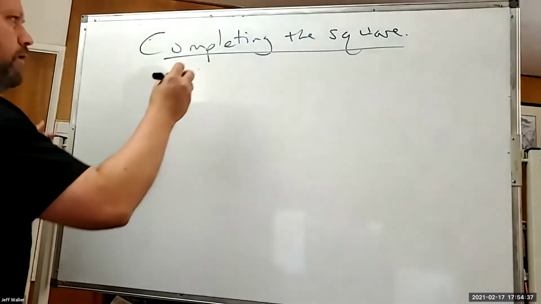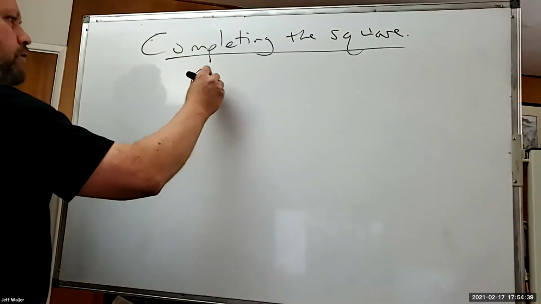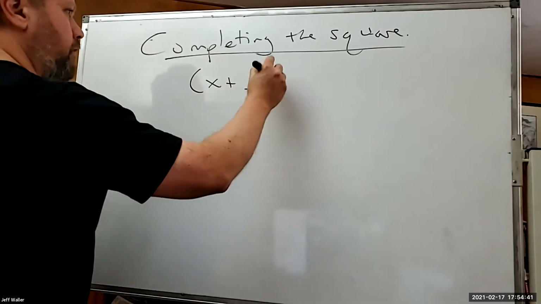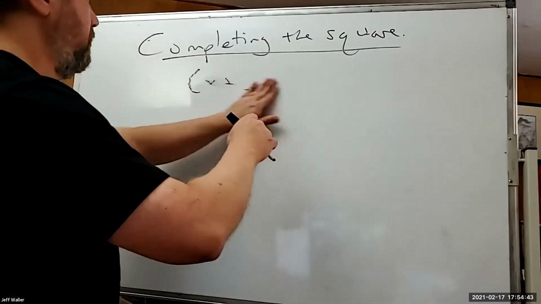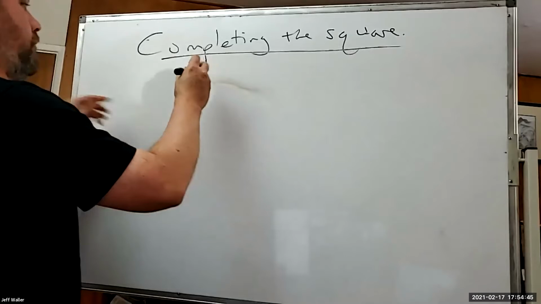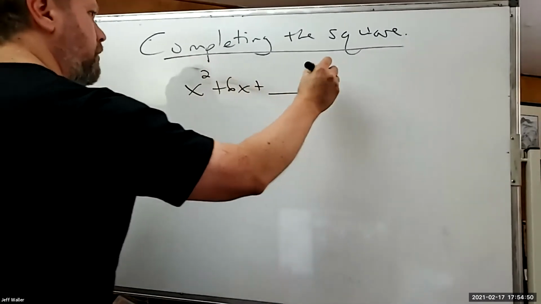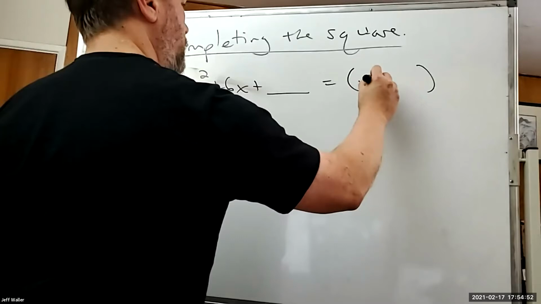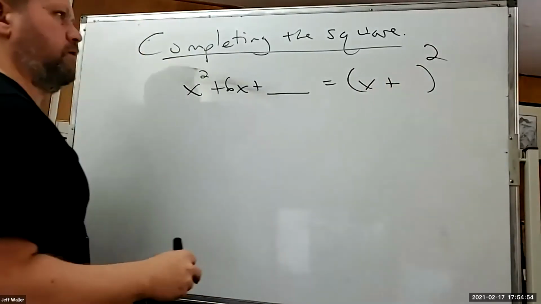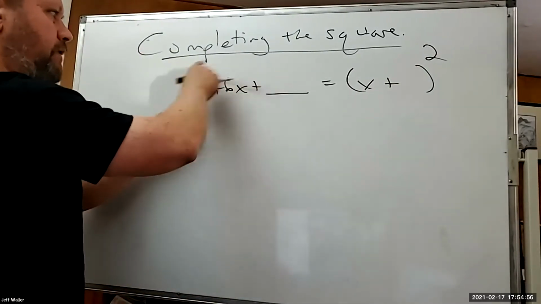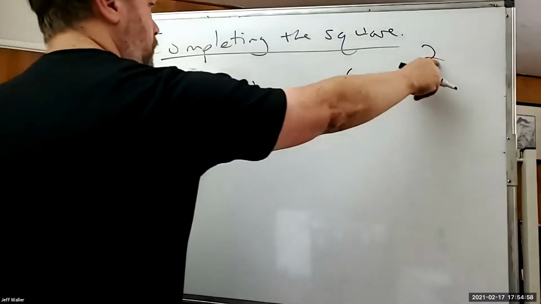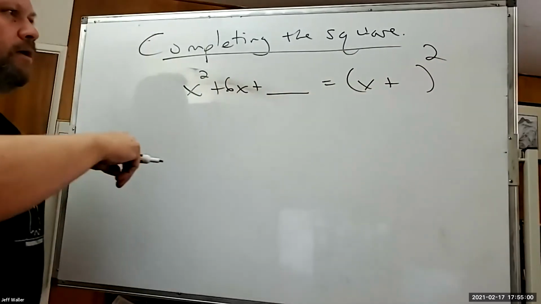Okay, so the basic idea of completing the square is, what would I put here to make it become something squared? I want to complete this so it becomes a square.